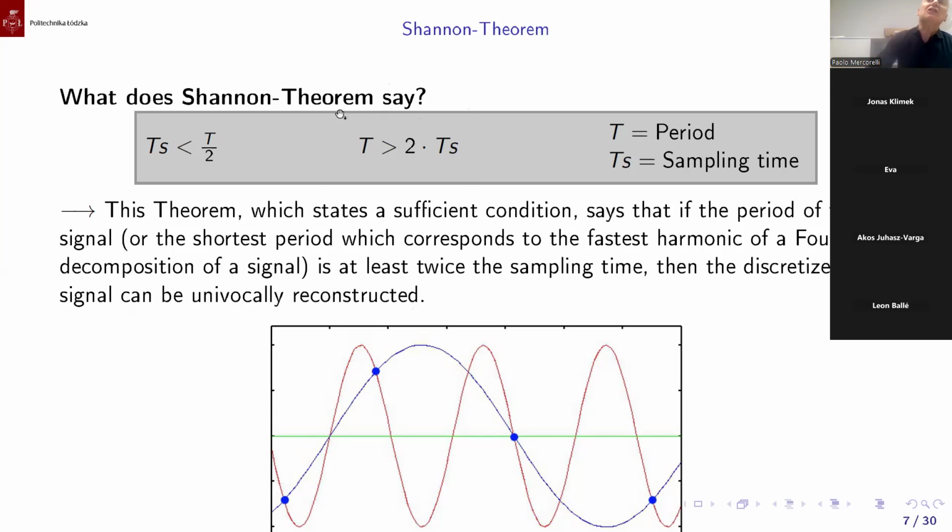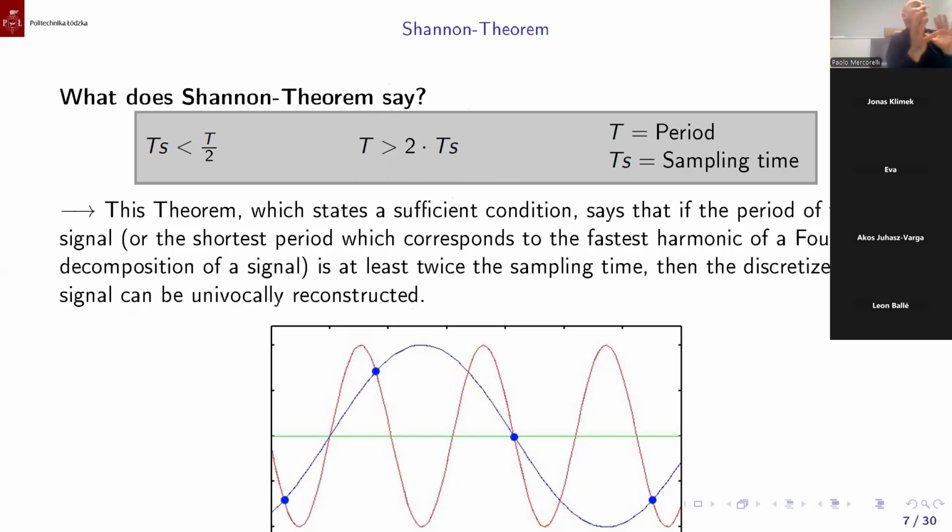And a sufficient condition, but not necessary, is this one: that T should be large enough with respect to the distance of the measurements, x1, x2, x3.